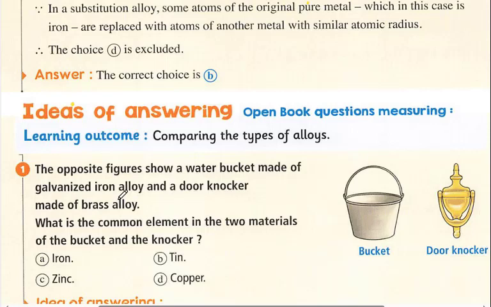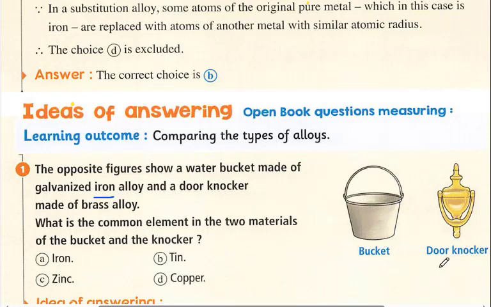When we have molten zinc and dip any metal in it, then take it out of the melt, there is a very thin layer of zinc upon this metal. This process is called galvanization. Galvanization means covering any metal like iron with zinc. So this is iron covered with zinc.